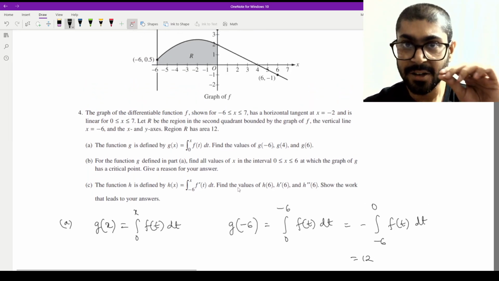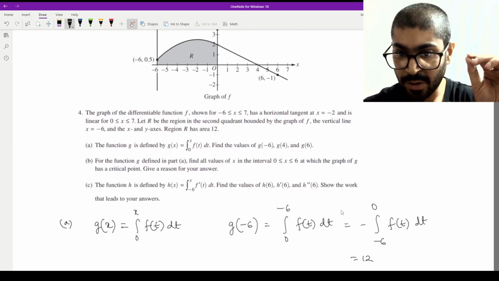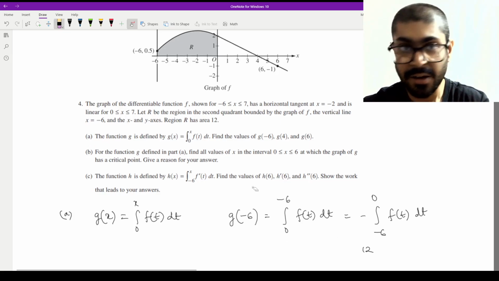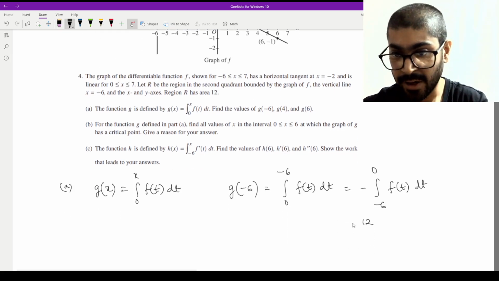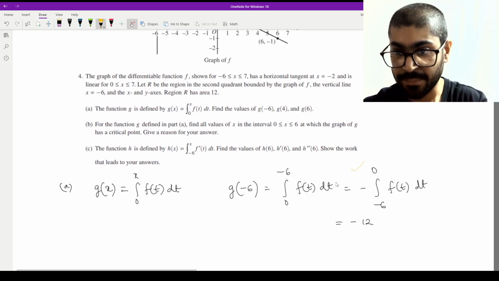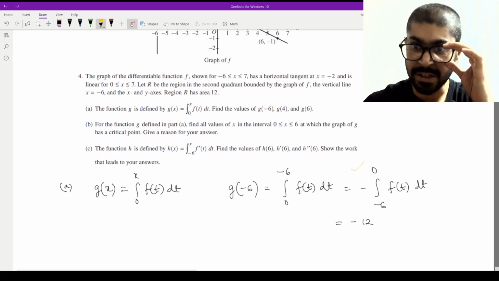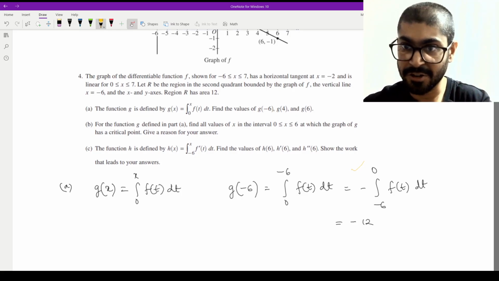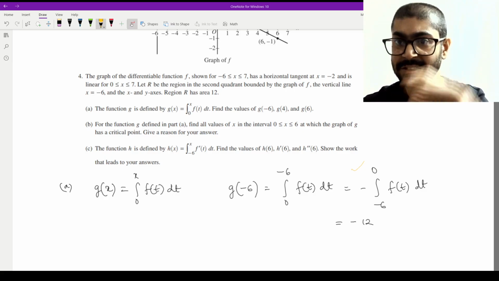The marks allotted to this particular subsection were contingent upon you realizing that you would have to adjust this integral by a negative sign. So do make a note of this important step. Here is where the marks were contingent. You cannot skip this step and write -12 directly. That will result in a loss of marks. So g of -6 is equal to -12.